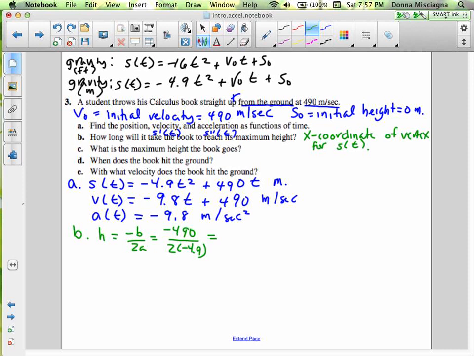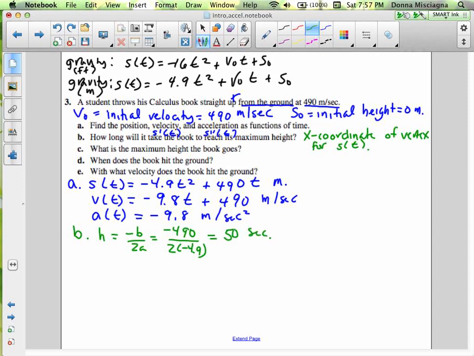All right, that's not going to be too hard to divide. If I divide 490 by 4.9, that would be 100, and so that's going to be 50. Let me make sure I'm not thinking crazy here. Yeah, 50 seconds.